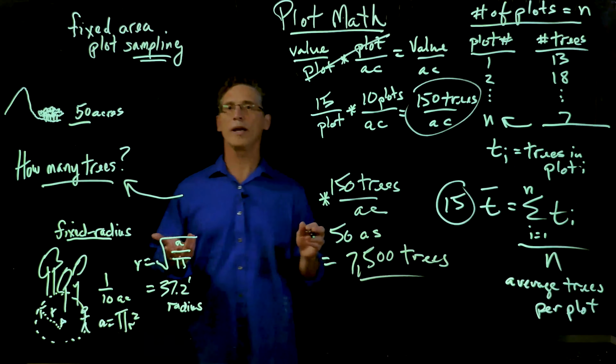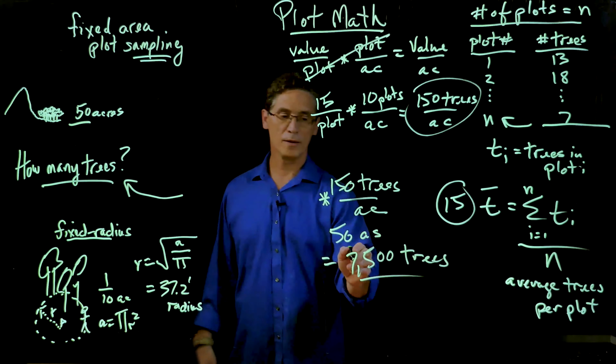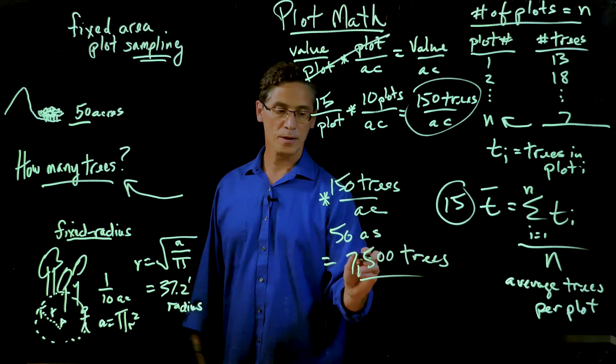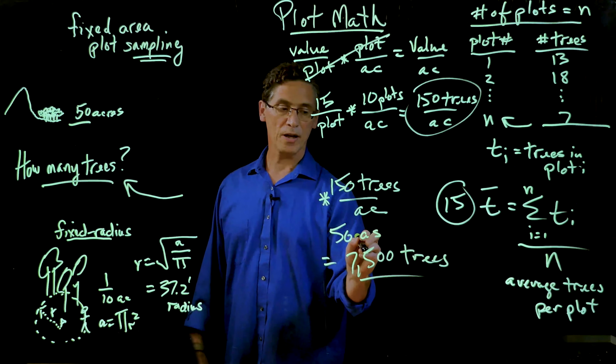So from going out across the property and coming up with this average and just counting smaller areas, we can now estimate, and I like to point out this is an estimate, 7,500 trees are out there.